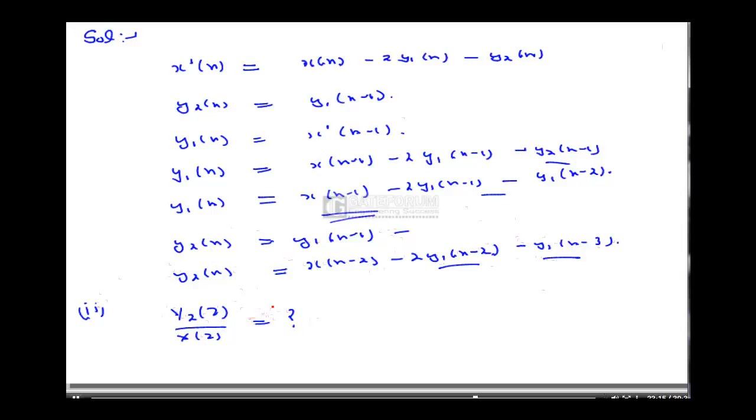We have seen the expression for y2n: y2n is written as x of n minus 2 minus 2 times y1 of n minus 2 minus y1 of n minus 3.